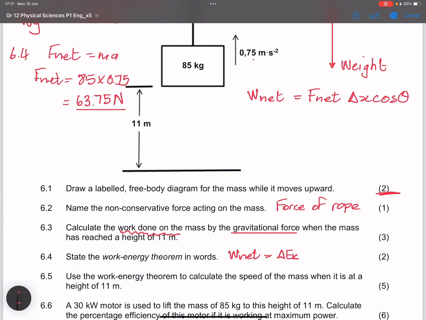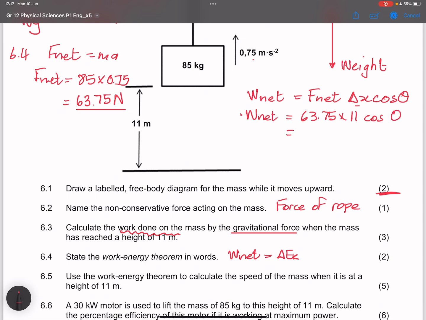So our net work done would be F net, 63.75, multiplied by the displacement, which is 11. Remember that the net force is in the same direction as the motion of the object, so this would be the cos of 0.